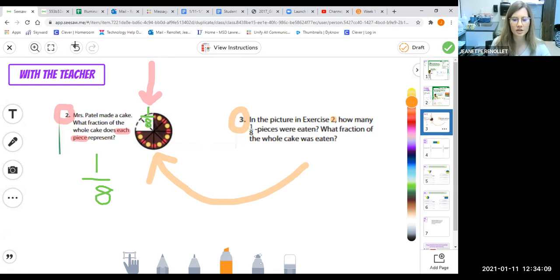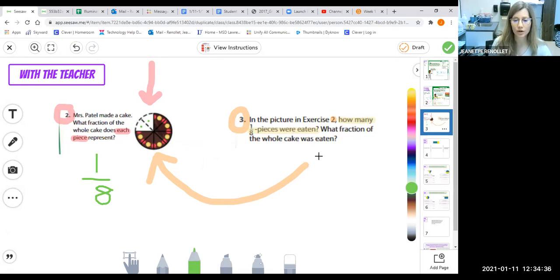So let's look at the first question. How many 1/8 pieces were eaten? So let's focus on the cake and let's see how many pieces were eaten. I count 1, 2 pieces. My question says, how many 1/8 pieces were eaten?